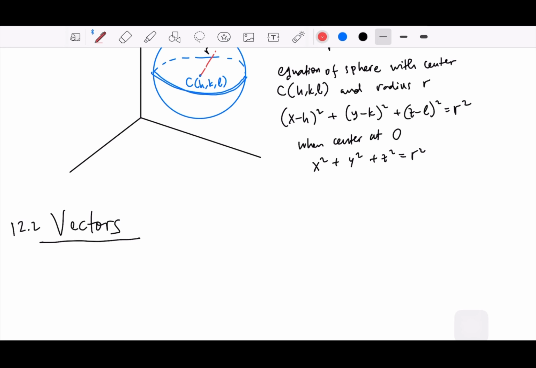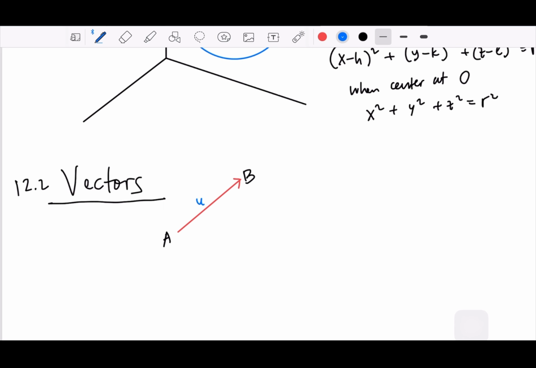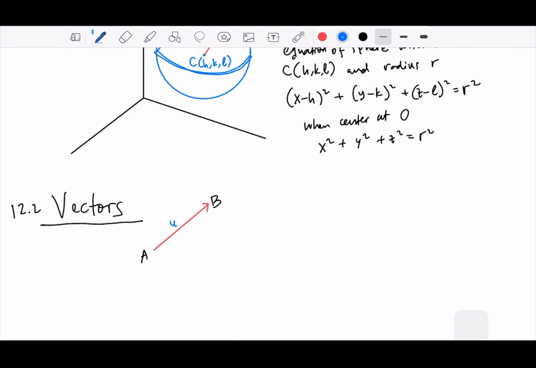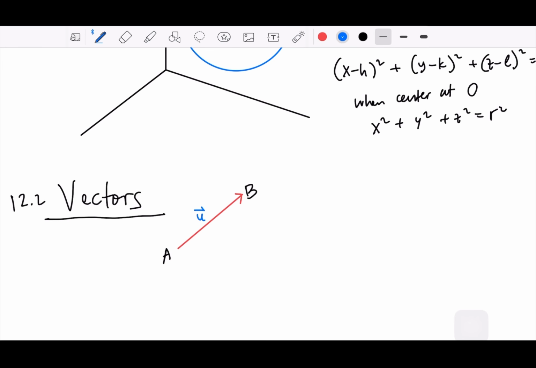Usually we describe vectors as an arrow. Let's say from A to B, and maybe we can describe this as vector U. Some professors, maybe some textbooks, write just U and make it bold. But since your pen cannot write bold, and you may not be able to differentiate from other writing, we can also add an arrow above the letters. Okay, this is also fine.